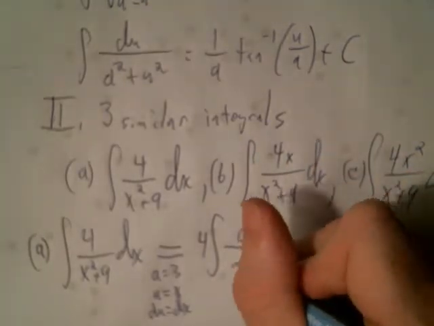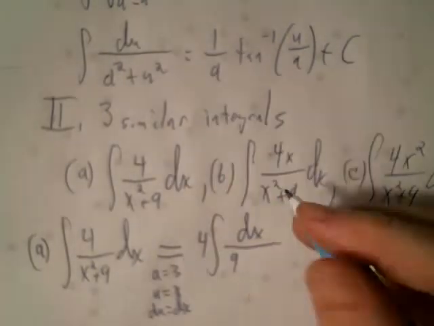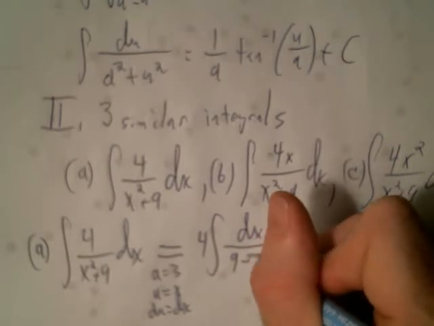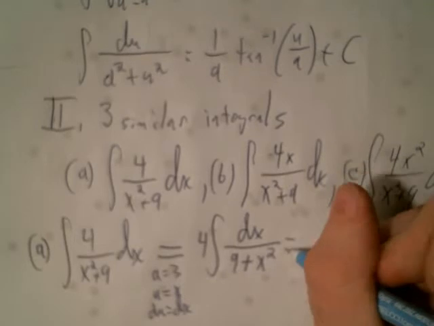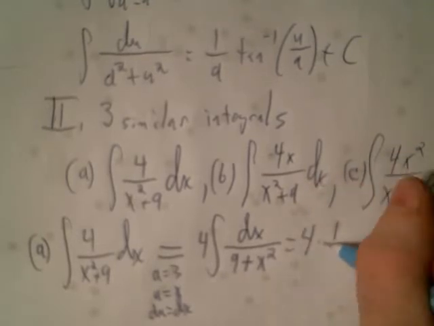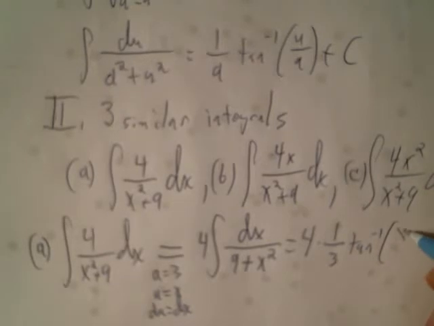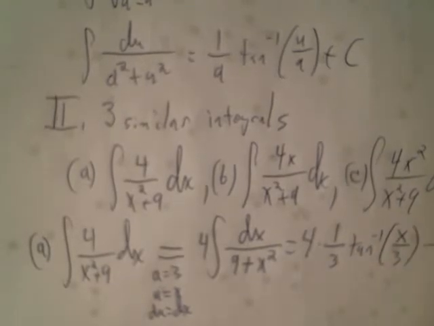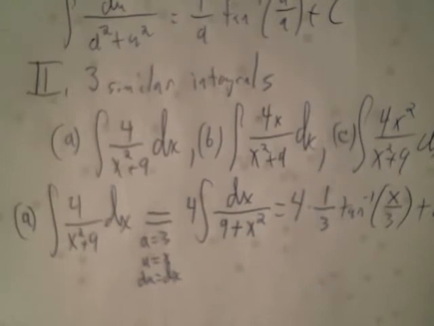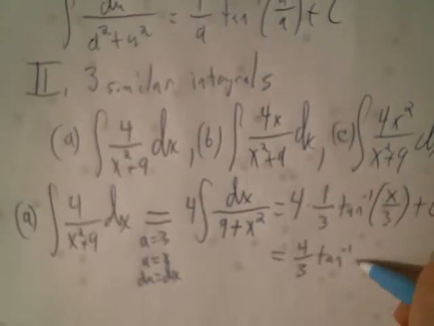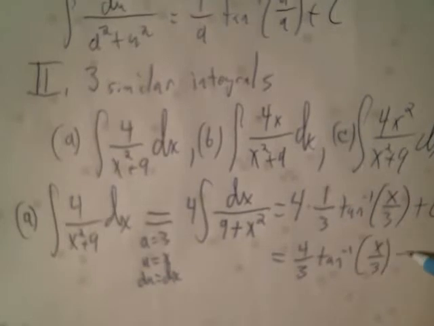Then we have dx all over 9, which is our a squared, plus x squared. And then it'll be 4 times 1 all over 3 tan inverse of x all over 3, plus c. So this is turning into 4/3 tan inverse of x over 3 plus c.